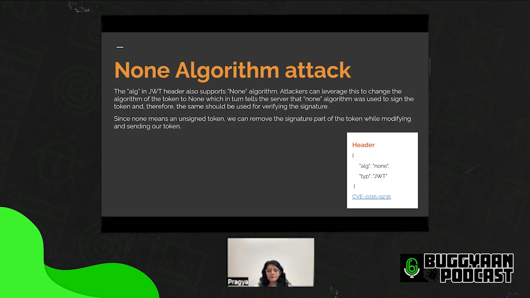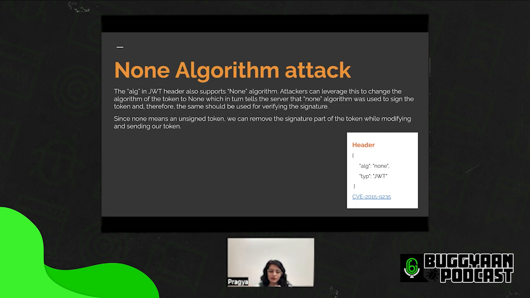So if an attacker is able to replace that algorithm with none and the server accepts it, then it is a possibility of a none algorithm attack. So since none means an unsigned token, we can also remove the signature part of our token while sending this.